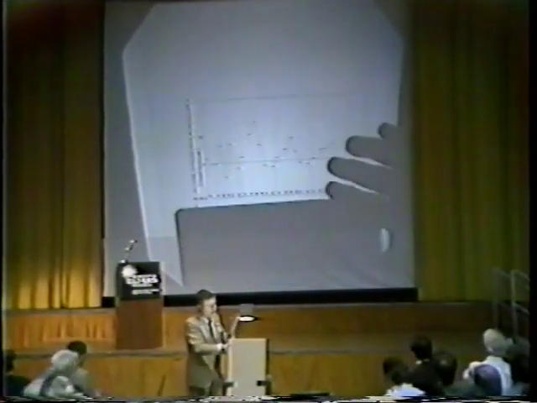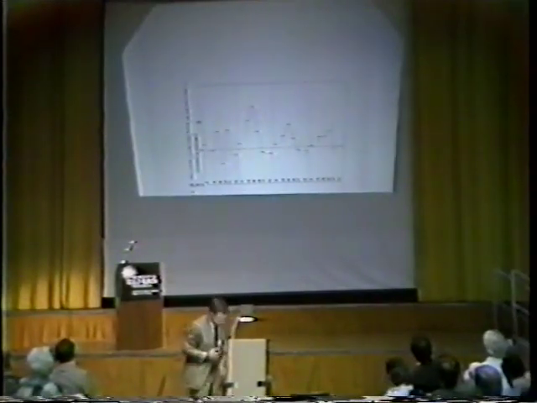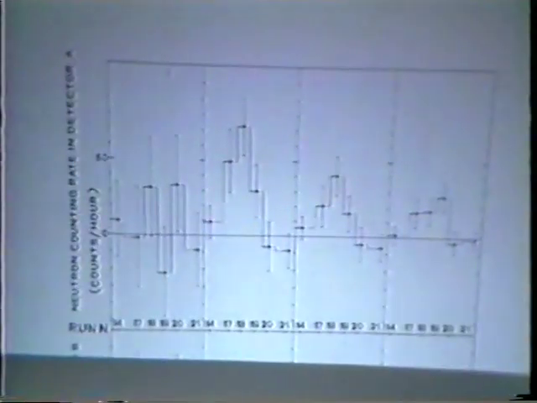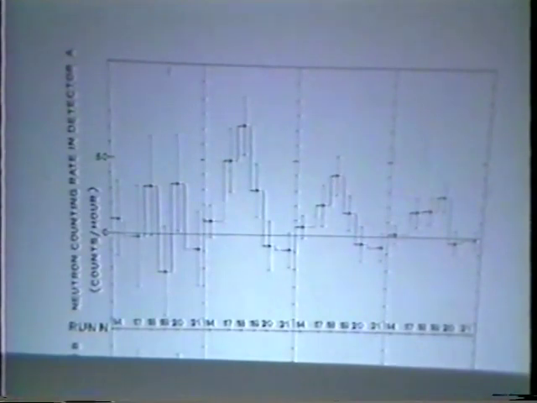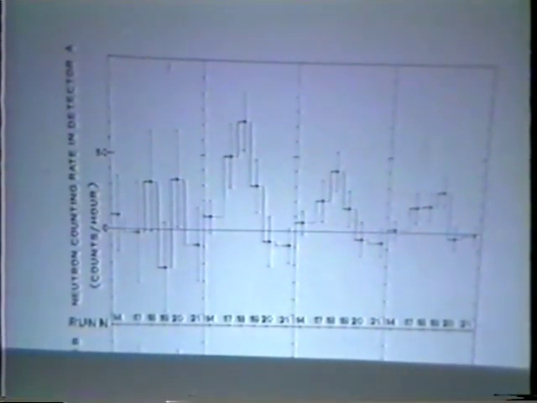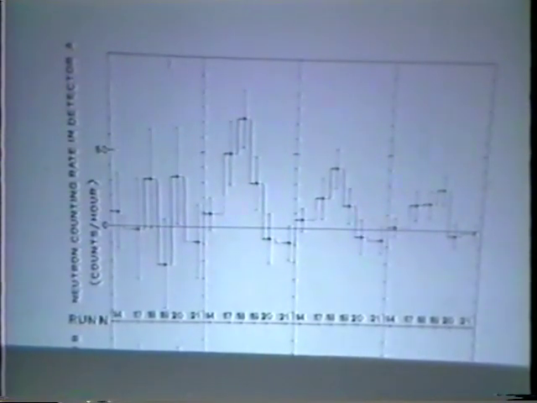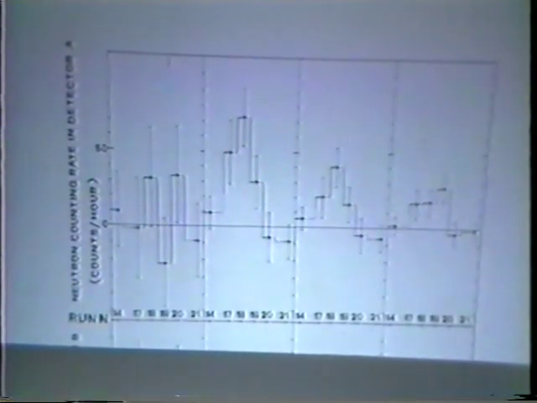In the next slide, the behavior described is shown as obtained offline after subtraction of the background. Runs 14 and 21 were performed before and after operating the cells.